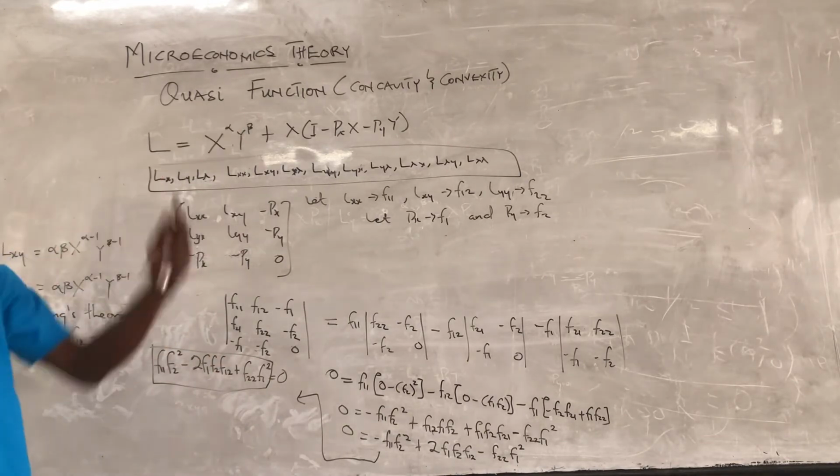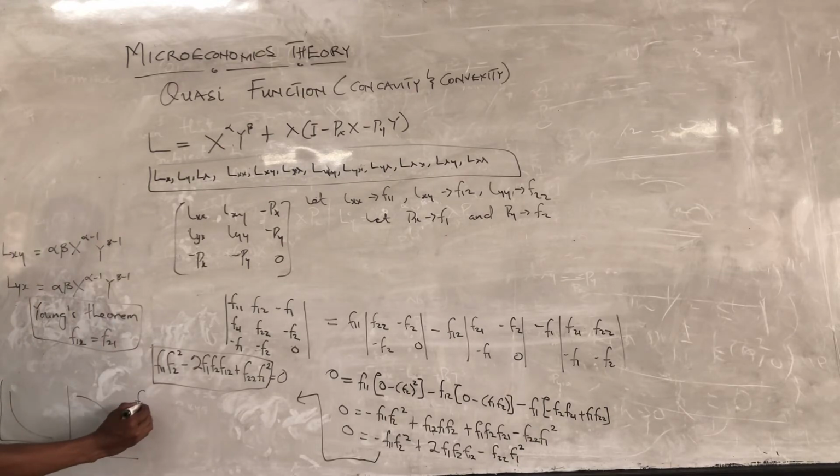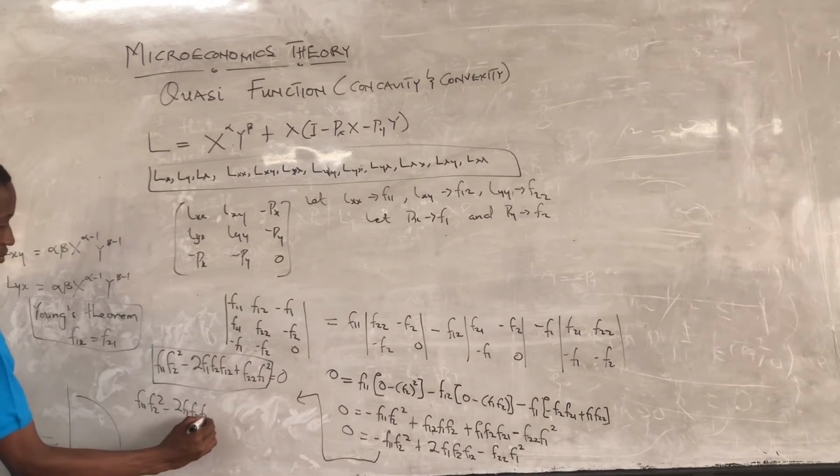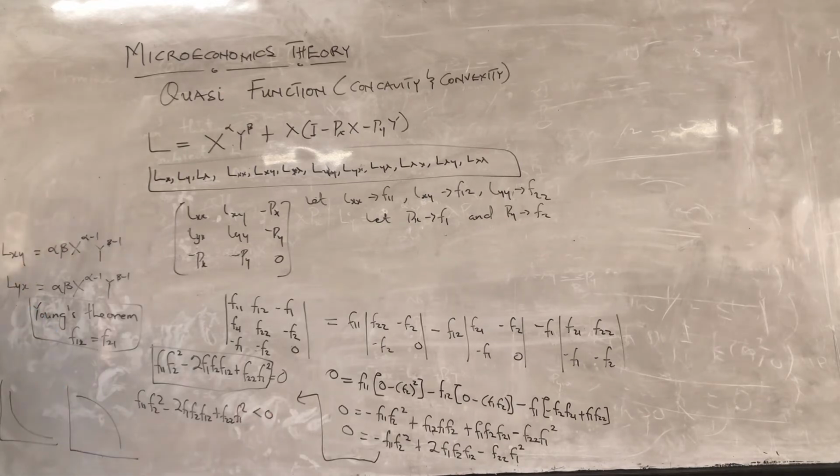So now for concavity and for convexity, when you have a graph like this, it is concave, and this is convex. So for concavity, it is believed that everything should be less than 0. So for quasi concavity, F11 F2 squared minus 2 F1 F2 F12 plus F22 F1 squared should be less than 0.